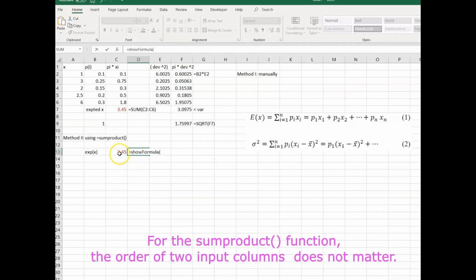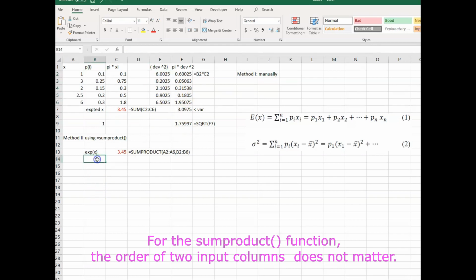So we use sumproduct, summation product. So P1, P2, P3 up to Pn, P colon times X colon. So this is our expected value. If you look at the variance, the variance will be P colon times the squared deviation colon.